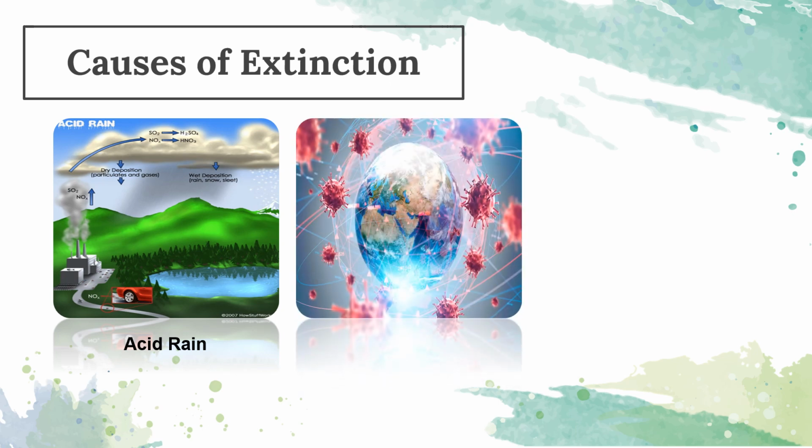The next one is disease or epidemic. Each species has defense mechanisms like immunities and the ability to fight diseases. With a changing climate and landscape, certain species are losing their ability to defend themselves from different diseases.